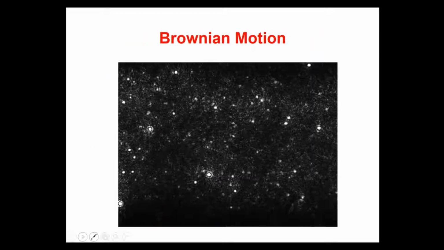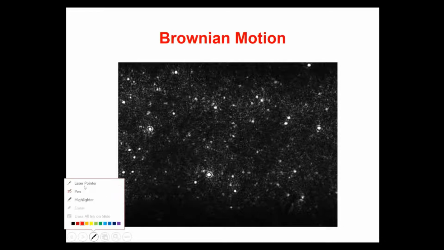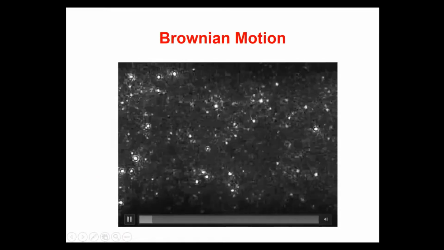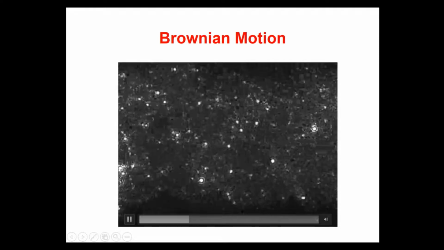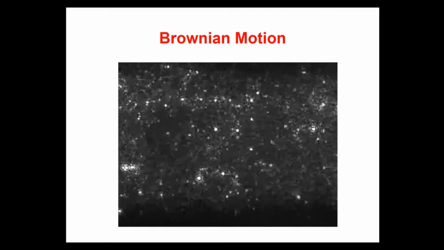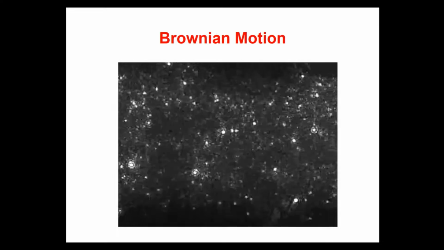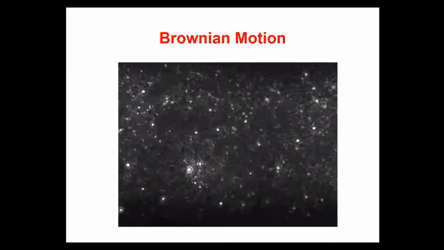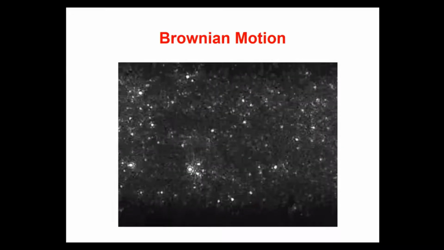I'm sure that you've all seen examples of Brownian motion. This happens to be globules of fat from a whole milk sample suspended in water. And clearly this is the motion that we are going to use for DLS.